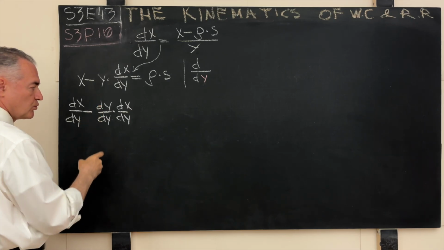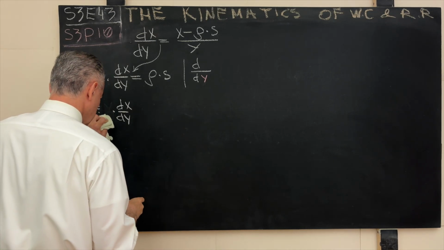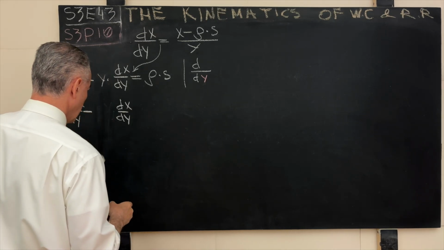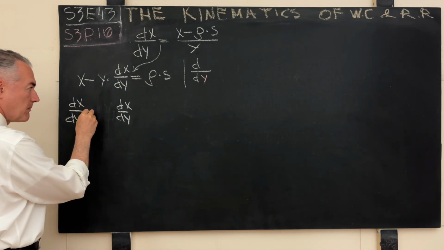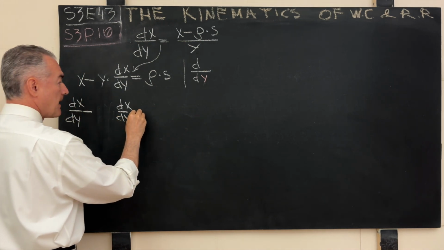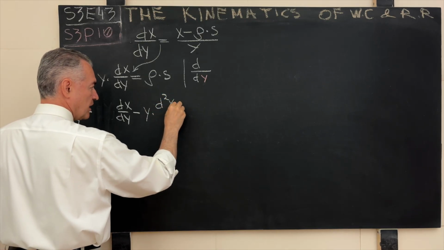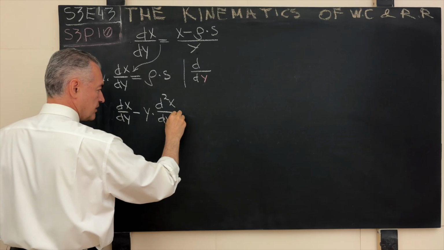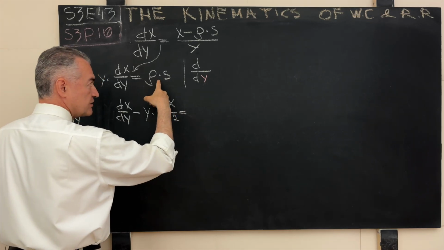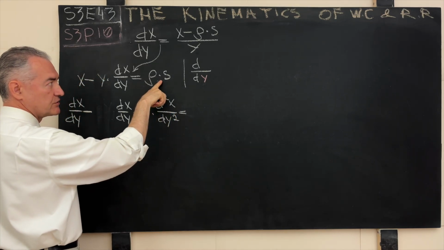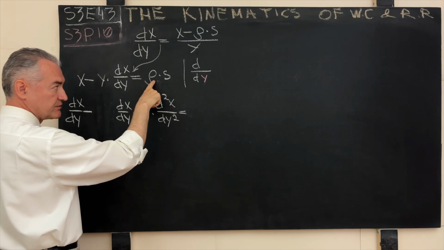This is what? This is 1. So in some sense, we can omit this. This will be 1. So dx over dy minus dx over dy minus y times d2x over dy squared equals another derivative, the first derivative of a product. But this is what? This is a constant.